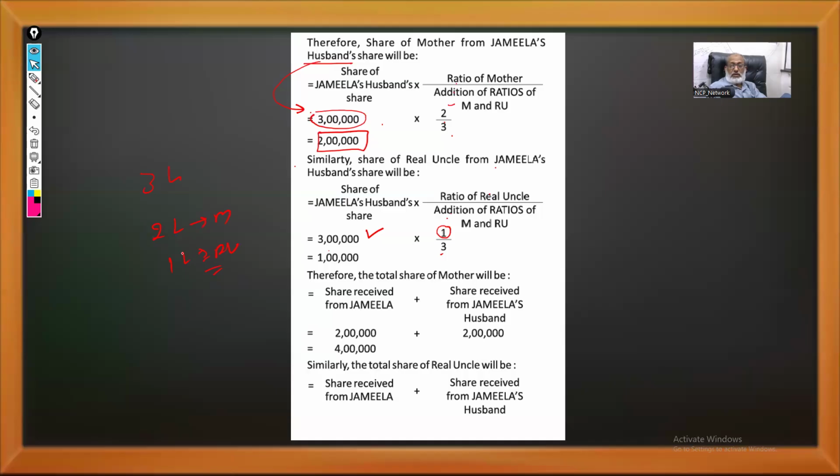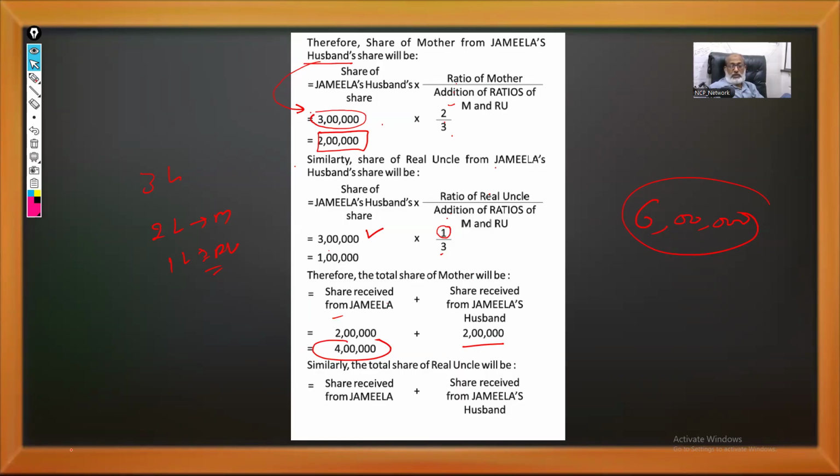So if we add both shares of the mother, from the 6 lakh the mother is getting 4 lakh, because she receives 2 lakh directly from Jamila's estate and 2 lakh from the husband of Jamila. So 4 lakh is going to the mother.